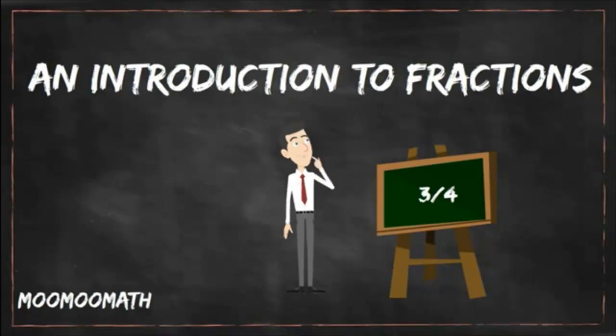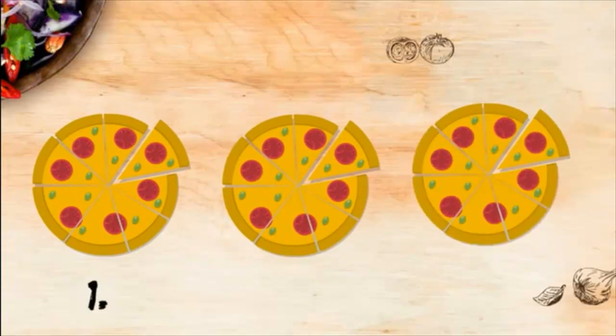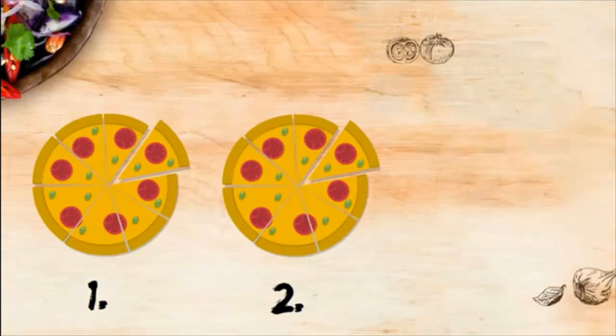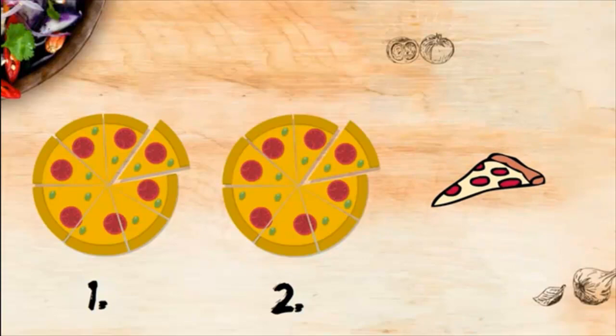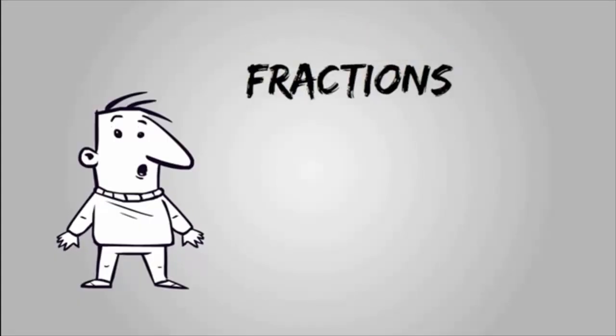Imagine you are out with your friends eating pizza. You have ordered 3 pizzas. You can easily count the 3 pizzas. However, what if you eat some of the pizza and you only have this much remaining? How do you count the amount of pizza you have now? Never fear. You can use fractions to count how much you have.